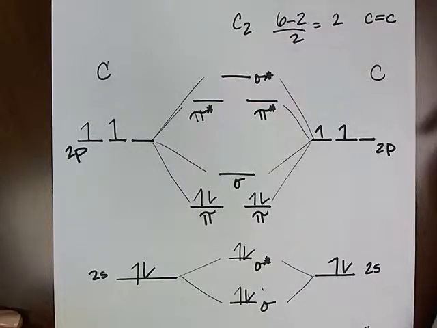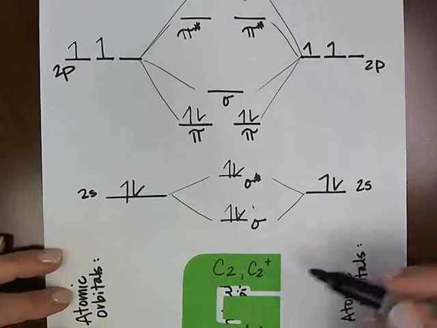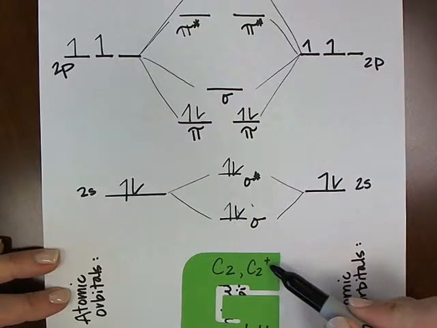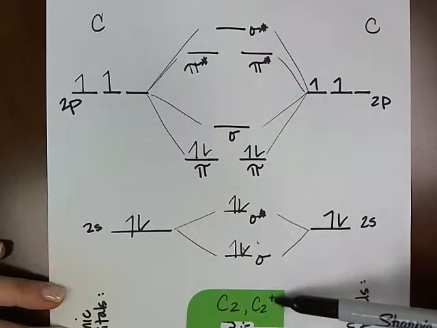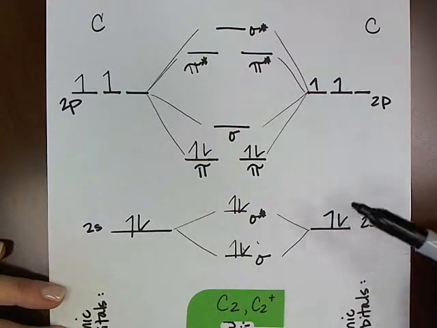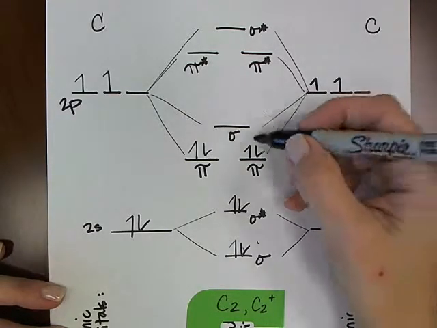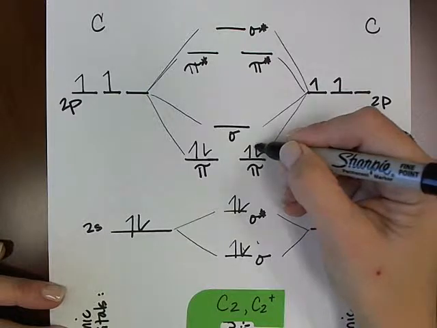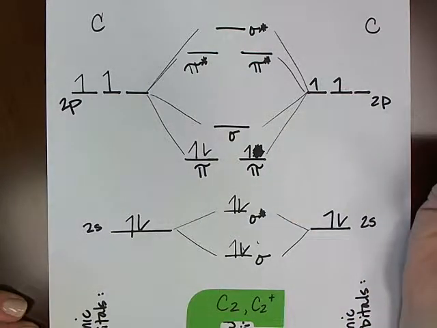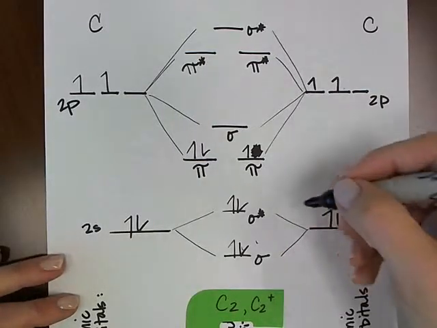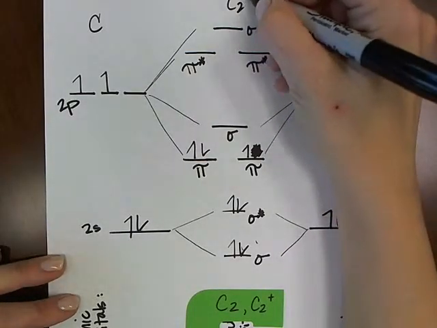And then the other question was, well, what about C2 with a positive charge? The way that would look is exactly like this, except if it has a positive charge, that means it has lost an electron. So if you remember, this was the last electron that we placed, so let's imagine that it's not there. The molecular orbital diagram for C2 plus looks like this.